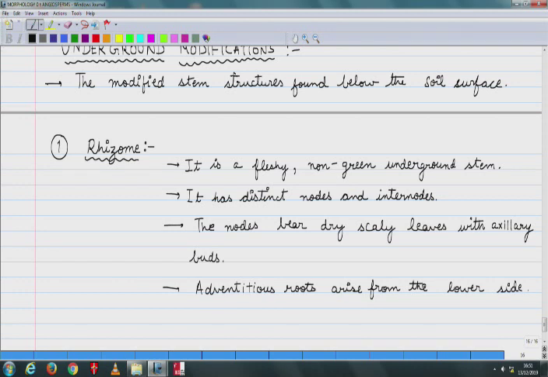Okay. Example, ginger. The botanical name of ginger is Zingiber officinale.